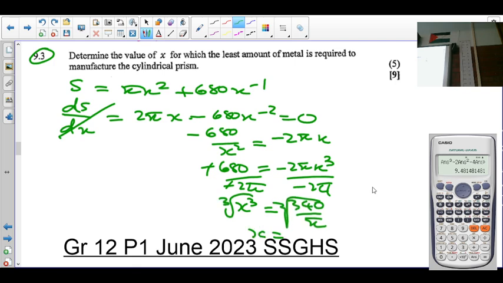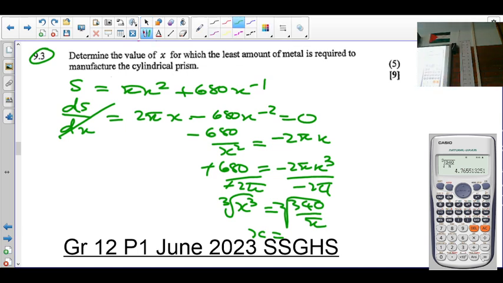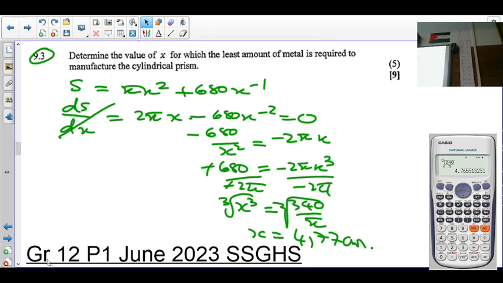So x is equal to the cube root of 340 over pi. It's 4.77, right? 4.77 centimeters in length. As the question says, determine the value of x.